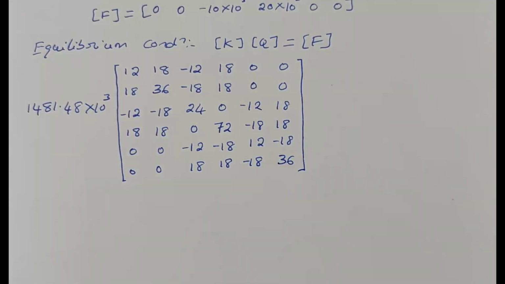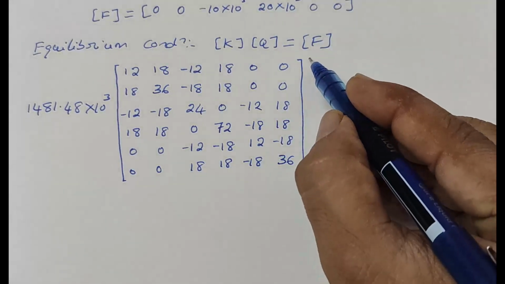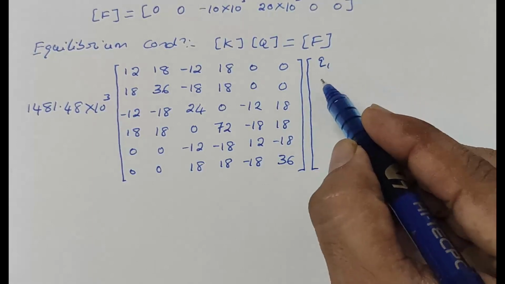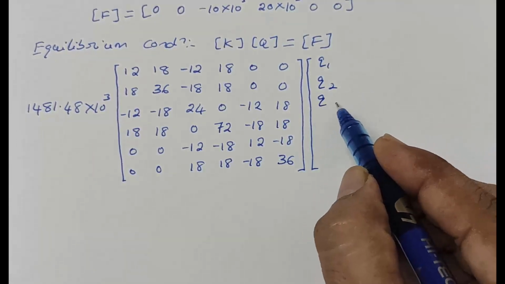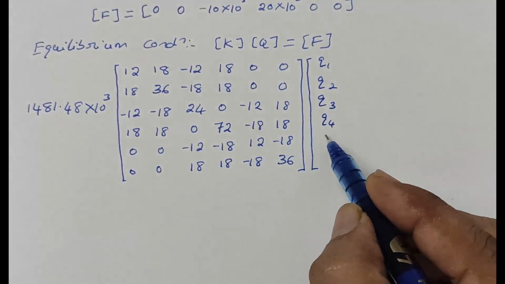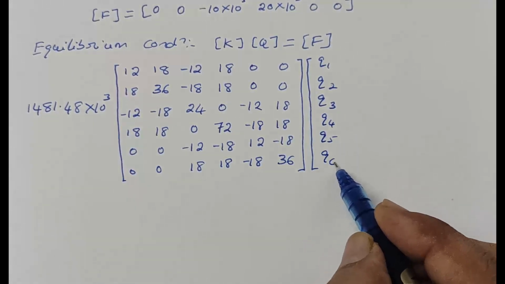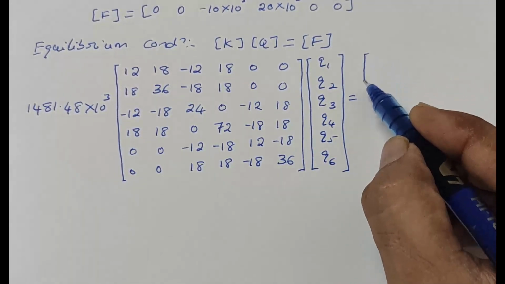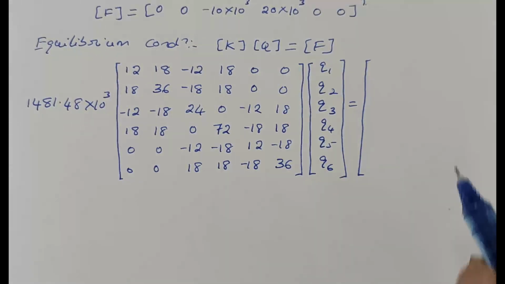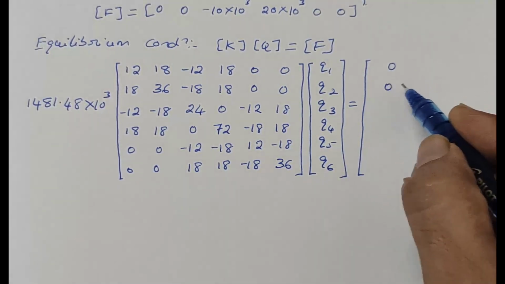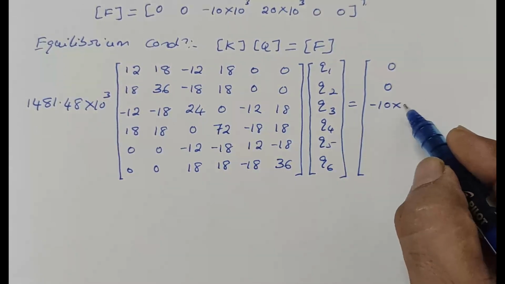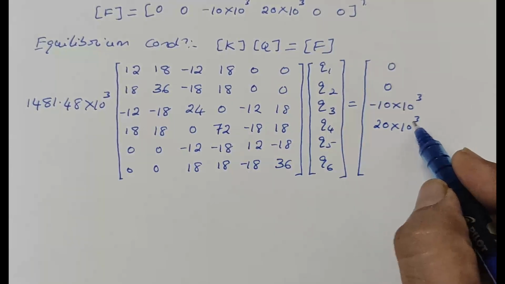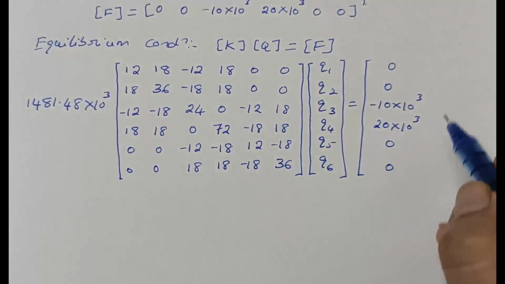This is K into Q. It is Q1, Q2, Q3, Q4, Q5, Q6 is equal to F, that is 0, 0, minus 10 into 10 power 3, 20 into 10 power 3, 0, 0.